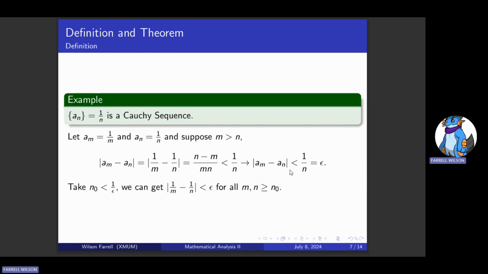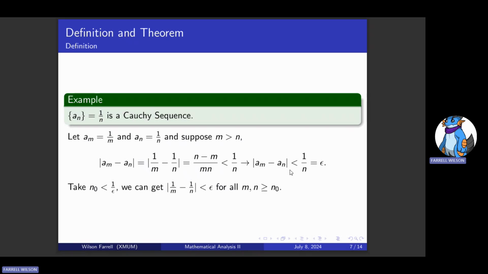Here is an example of the definition, where it says that a_n equals 1 over n is considered a Cauchy sequence. In order to prove the statement, we need to let a_m equal 1 over m and a_n equal 1 over n, and suppose that m is greater than n.